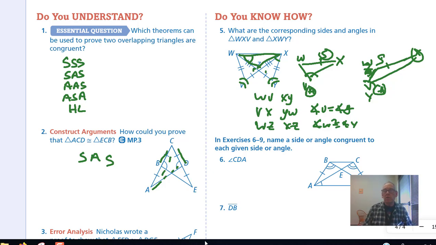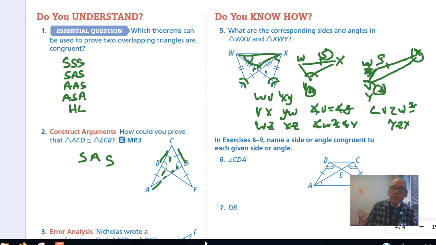So that gives us that WZ and ZX are congruent, and then also this angle here at Z, this VZW angle, is congruent to this YZX. So angle VZW is congruent to angle YZX, from the way the diagram's marked.